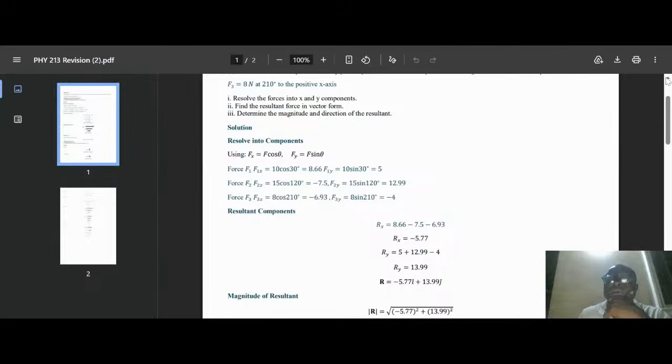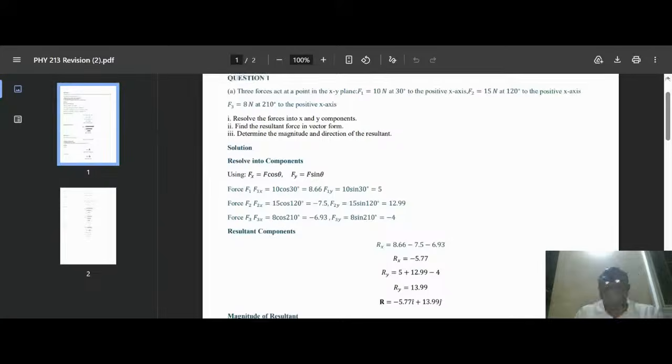I want us to look at this particular question. We have done resolution of forces. We can resolve two or more forces. And the question says here, three forces act at a point in the XY plane. F1 is 10 Newton at 30 degrees to the positive x-axis. F2 is 15 Newton at 120 degrees to the positive x-axis.